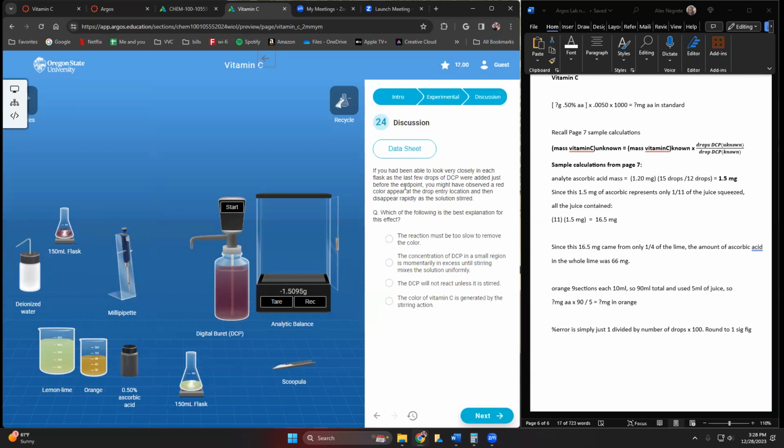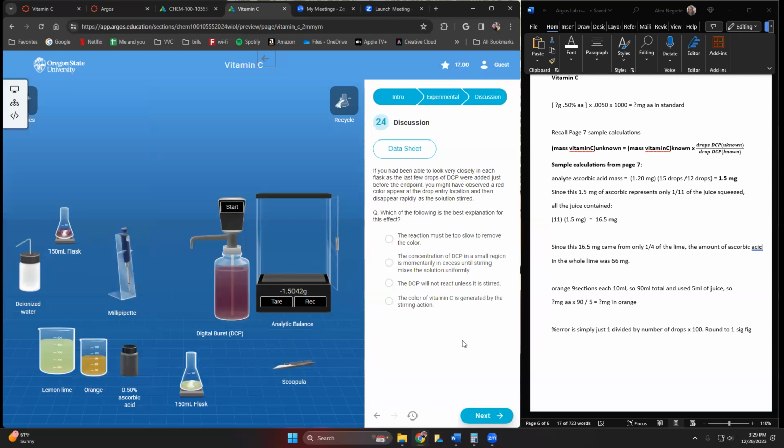And then finally, if you had been looking very closely at each drop when you're doing this live, we do a titration in the lab, and when a drop hits the solution, there's a little pink swirl that usually happens and then disappears, because in the immediate area where that drop hits, at that moment, the reaction takes place.